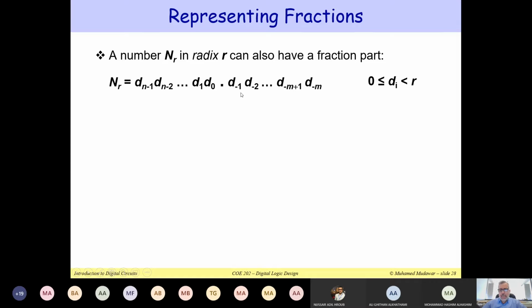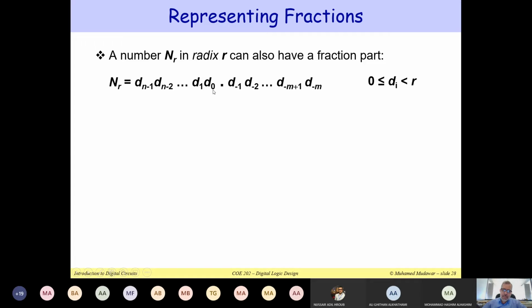So d minus 1 here indicates the first digit in the fraction. d minus 2 will be the second digit in the fraction, and d minus m will be the m-th digit in the fraction. Notice that I'm using minus 1, minus 2, and minus m, a negative position, because these digits exist in the fraction.